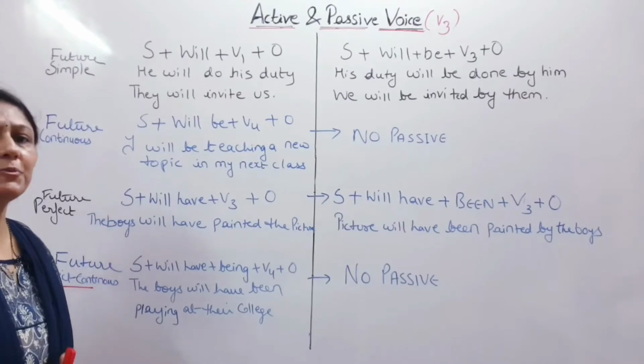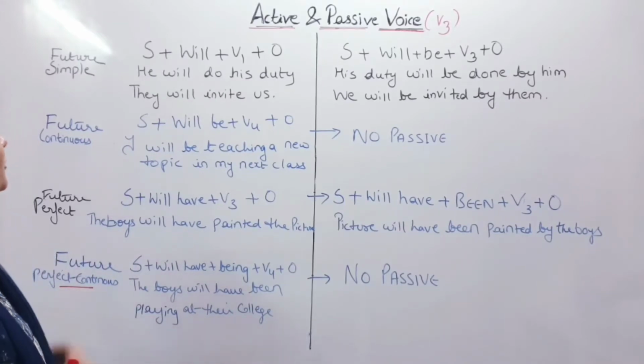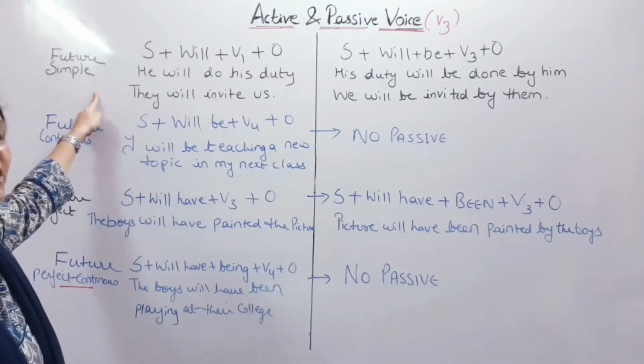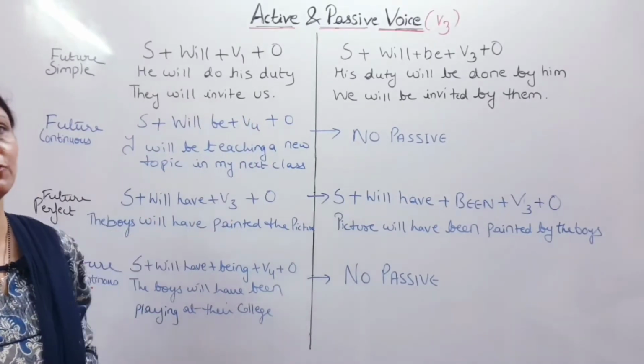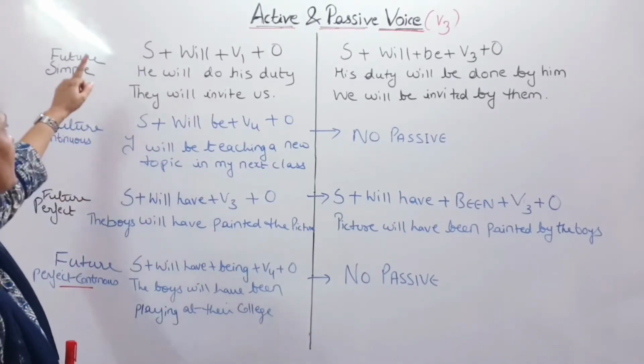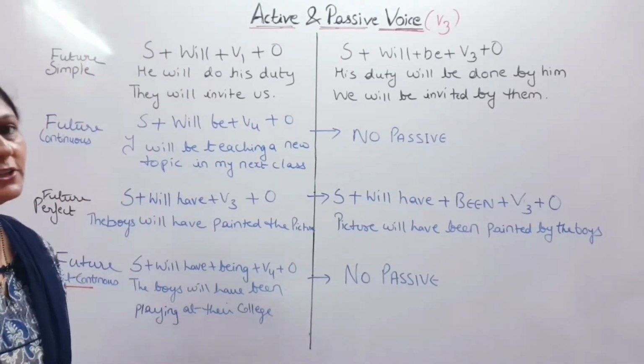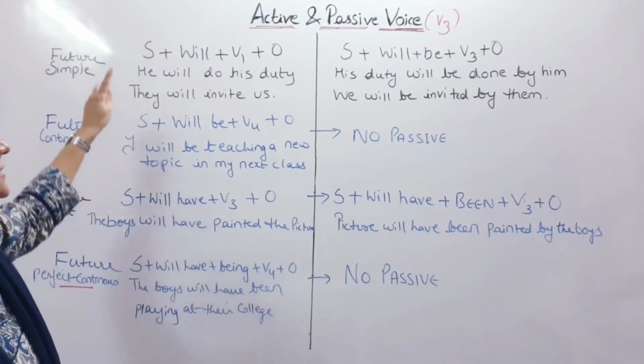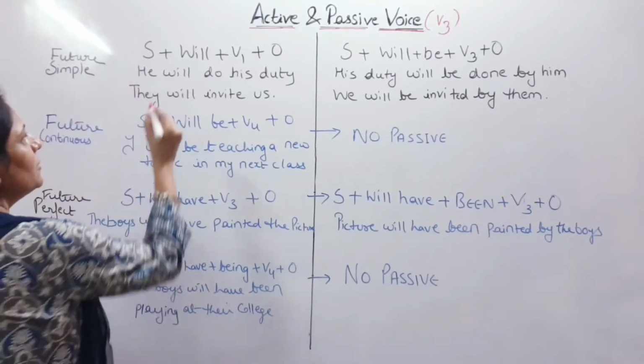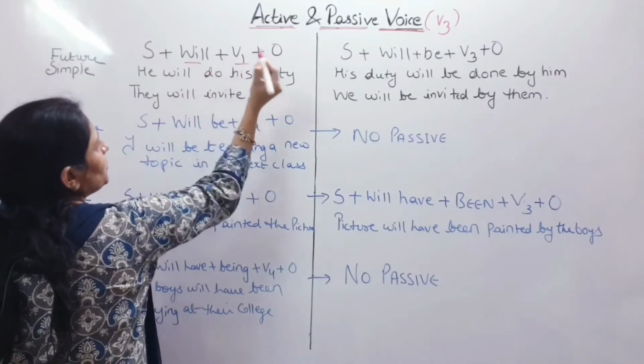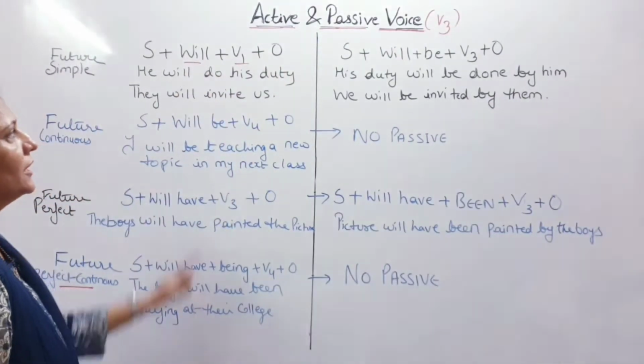So after present and past, we will be studying the future tense, active and passive voice. So let's start with simple future tense. As we know, the formula for simple future tense is subject plus will plus V1 plus object.